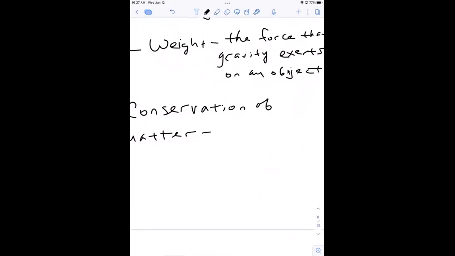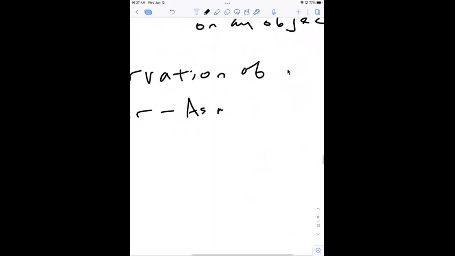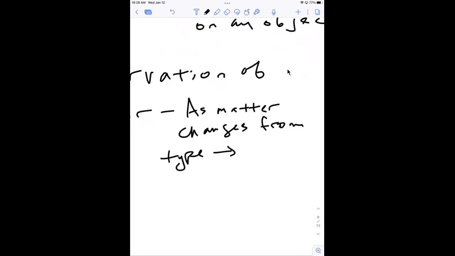What that really means is, as matter changes from type to type or from phase to phase, the mass remains constant. That's all that means. A chemical reaction is actually taking matter and changing it from one type of thing to another, but the mass remains constant.